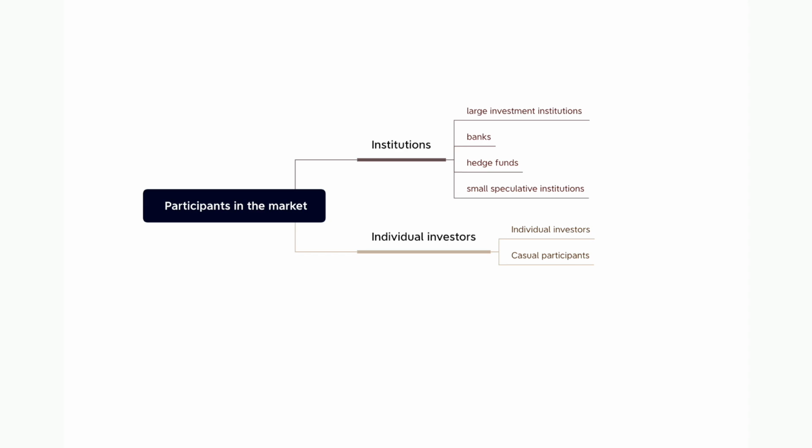How do these different participants analyze the market and make decisions? Answering this question is also very complex. Let's talk about institutions first. To simplify, let's not consider the size of the institution, only their analysis tools. The analytical tools used by institutions are not uniform.